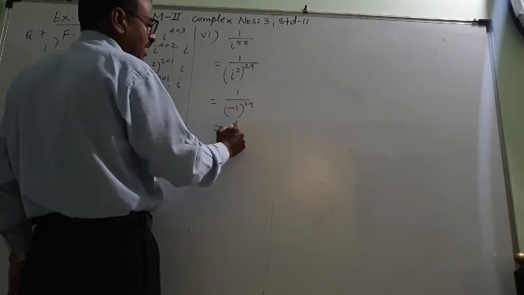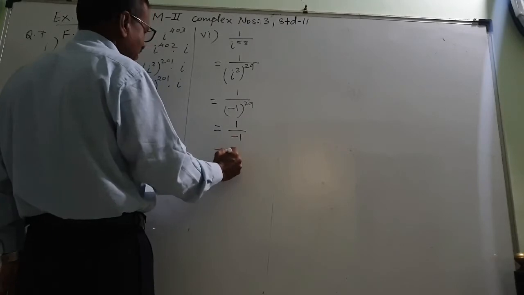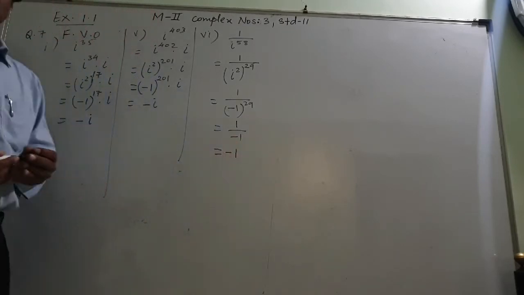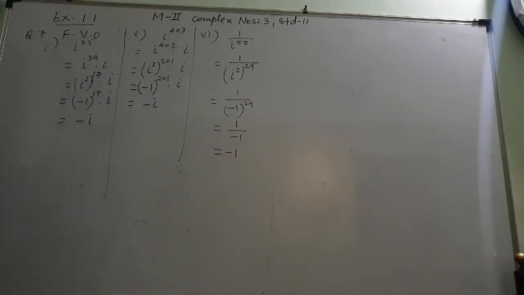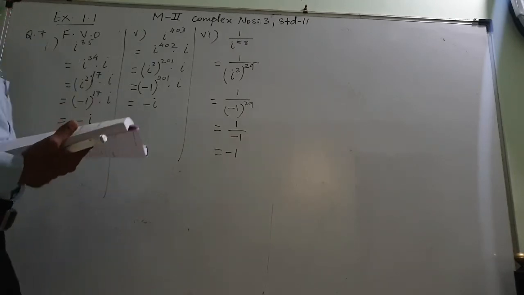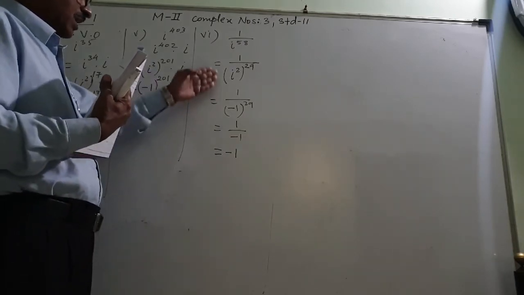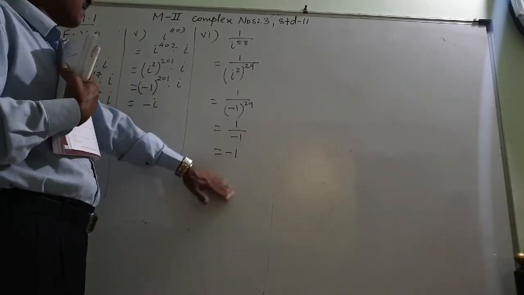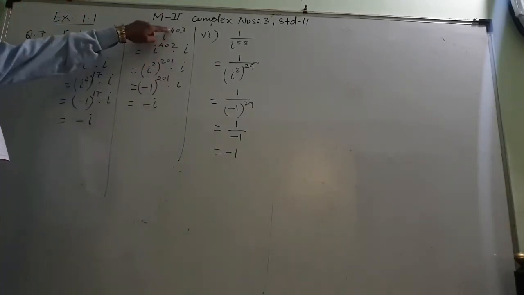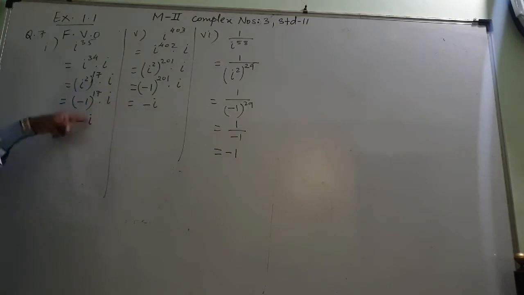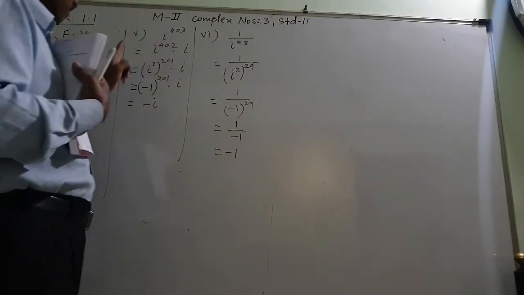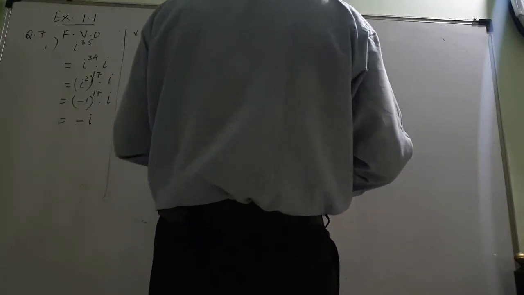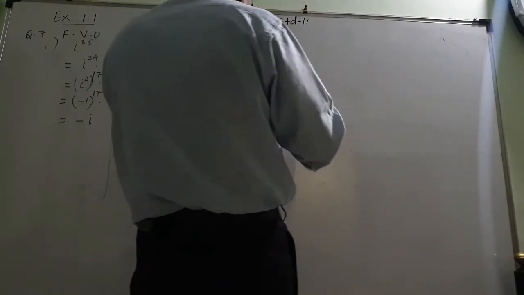That is equal to 1 upon minus 1, and that is nothing but minus 1. Hope that you have understood this. If it is an even power, then you will get some number. If it is an odd power, then you get the answer in i, and it will always be minus i. If the odd power, the answer will always be minus i. Orally also you can write the answer.